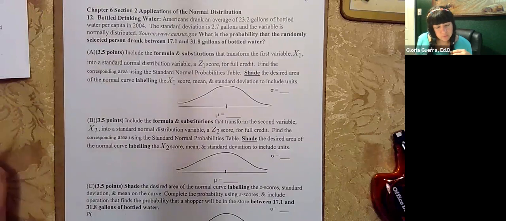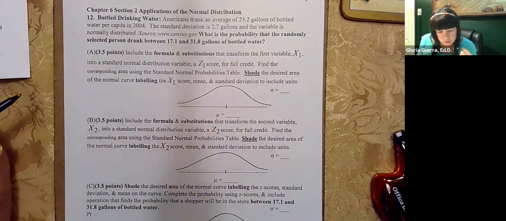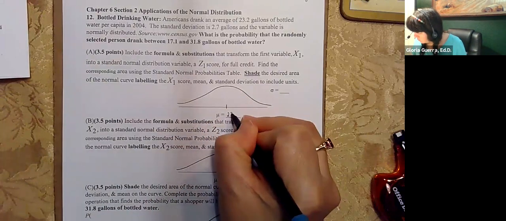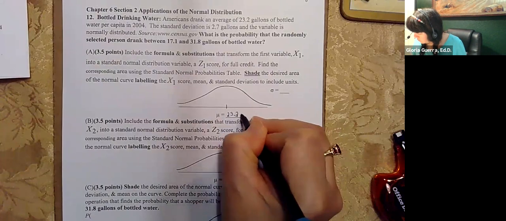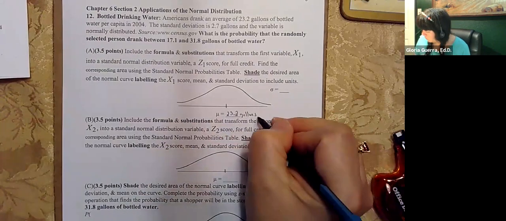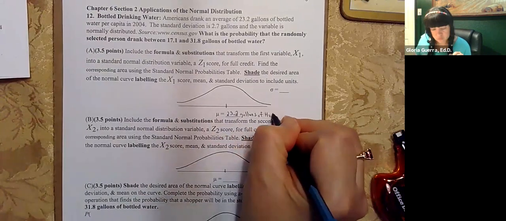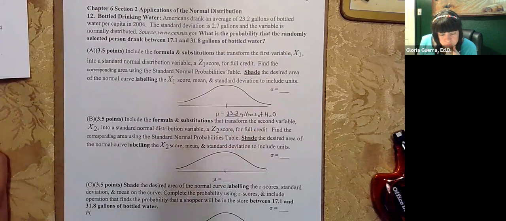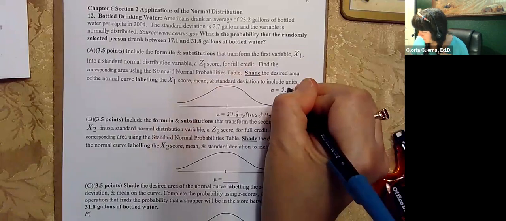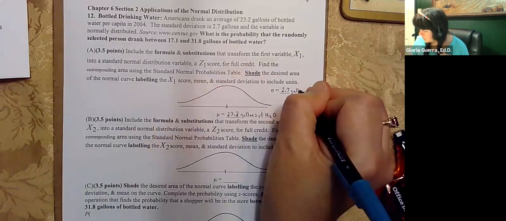Okay, bottled drinking water. Americans drank an average, that's your mu, of 23.2 gallons of bottled water per capita in 2004. The standard deviation is 2.7, and they're the same units.